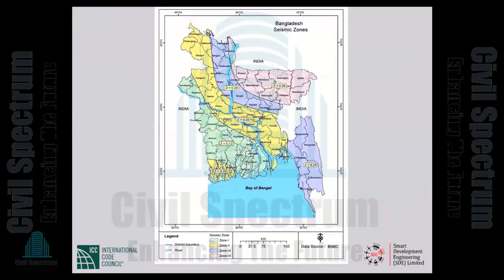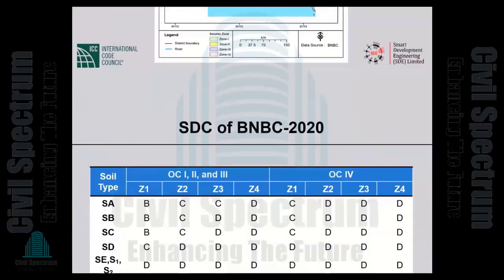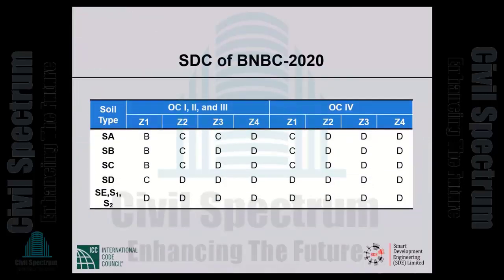Okay. The seismic zoning map of BNBC 2020 gives you directly the seismic design categories depending upon the site class and the seismic zone and the occupancy. Okay, so this is the table. You don't have to do it twice.